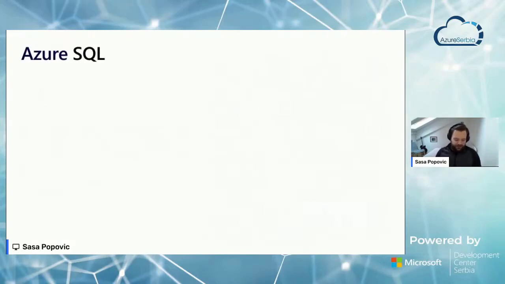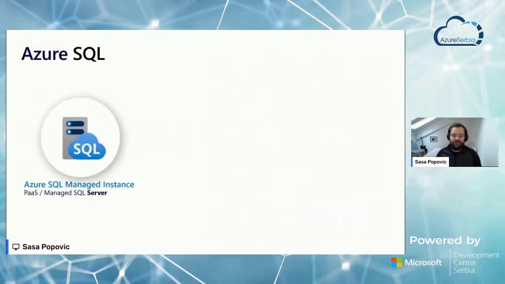So Azure SQL is a cloud database product based on SQL Server, and it has a small family of services. The first one I would like to mention is Azure SQL Managed Instance. It is platform as a service. It is essentially a managed SQL server that offers the broadest SQL Server engine compatibility. It is fully managed, meaning that you don't care about the operating system, you don't care about the server.